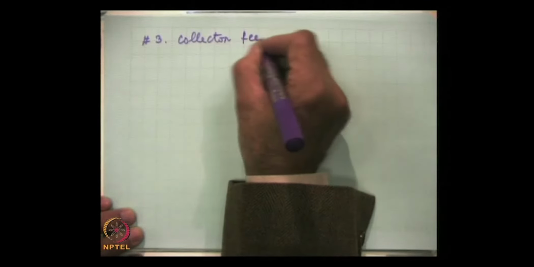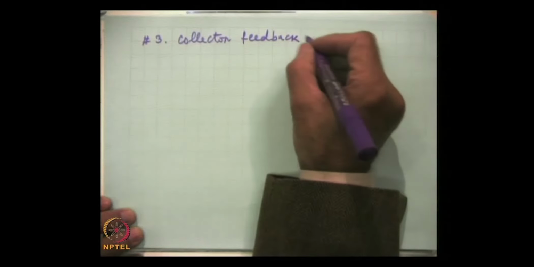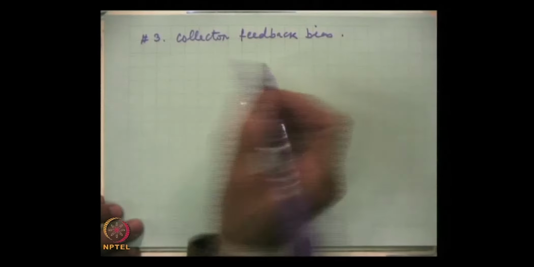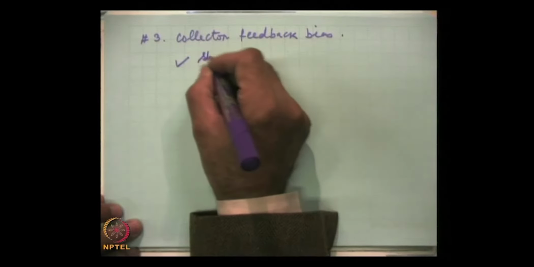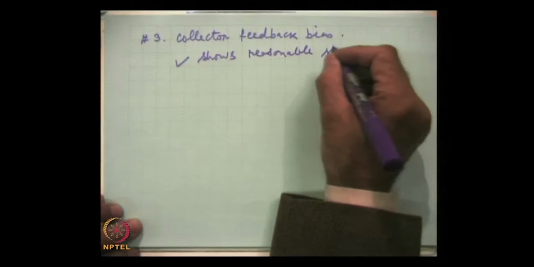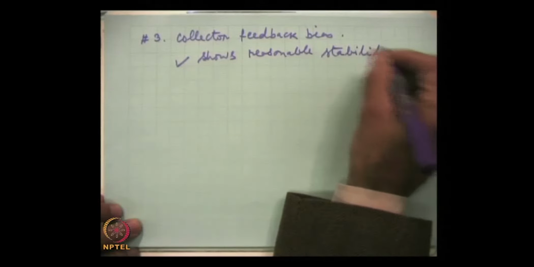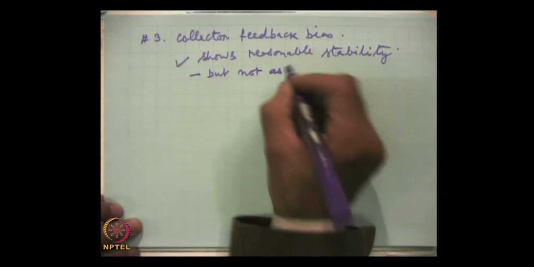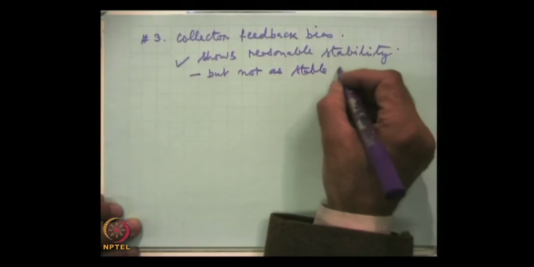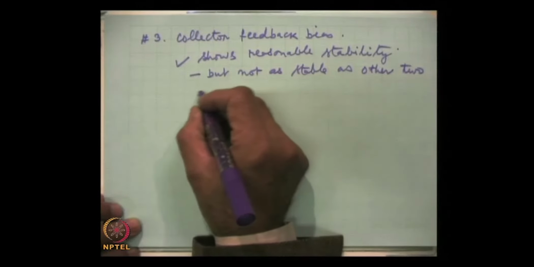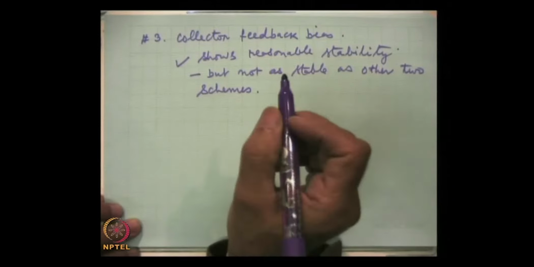collector feedback bias. Here the stability is reasonable, it exhibits reasonable stability, but not as stable as the other two schemes or arrangements or circuits.